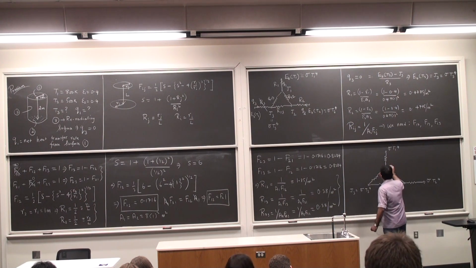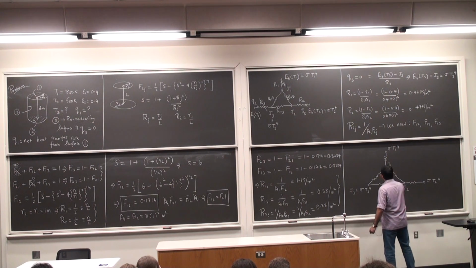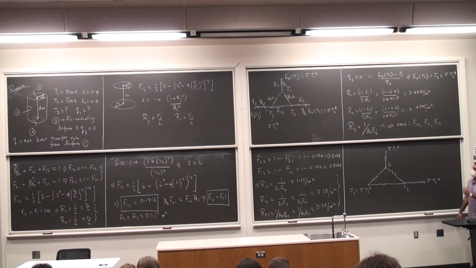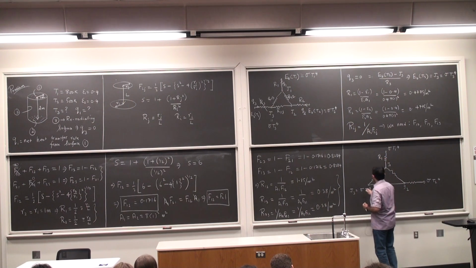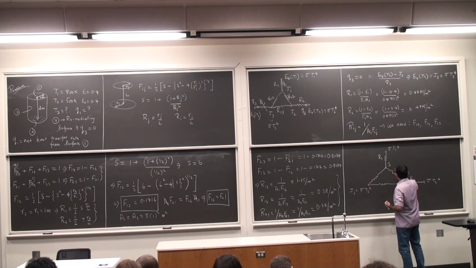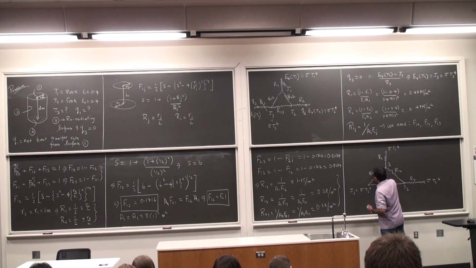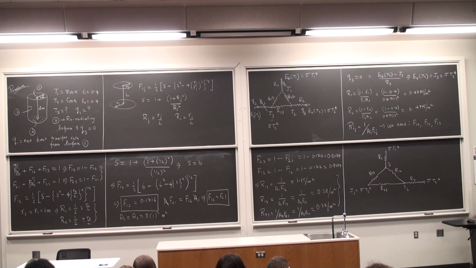This is J3, J1, J2. And I have R1, R2 and so on, which we have already calculated. So R1, R2, R12, R13, R23.